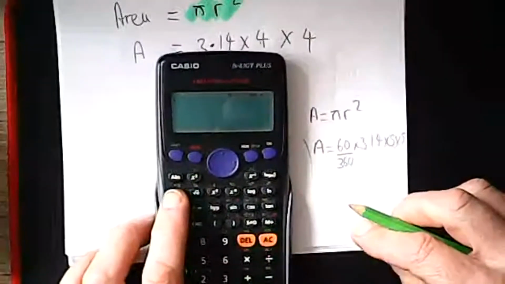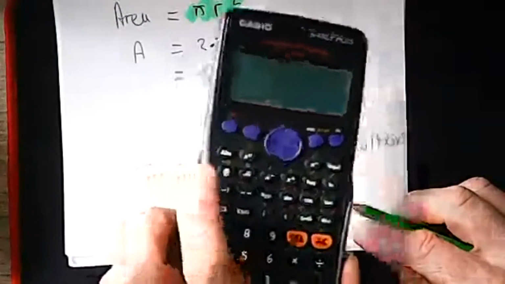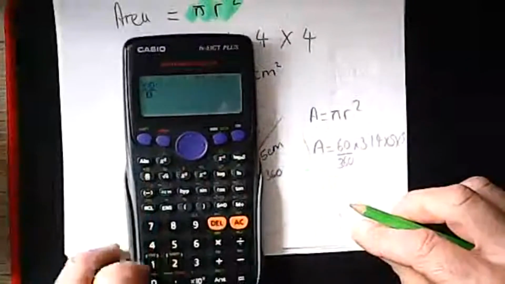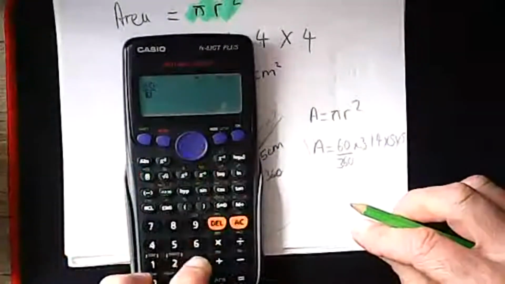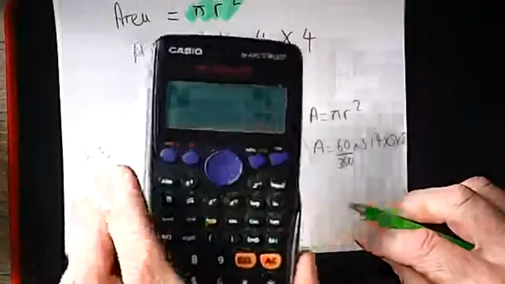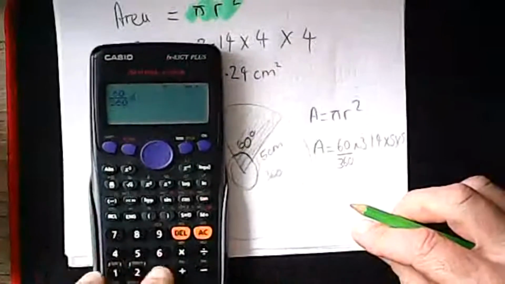Remember, if you've been watching my live maths, that's a really useful button to use, the fraction button there. 60 out of 360. Use the cursor to get to the middle again. All right. Multiplied by 3.14.